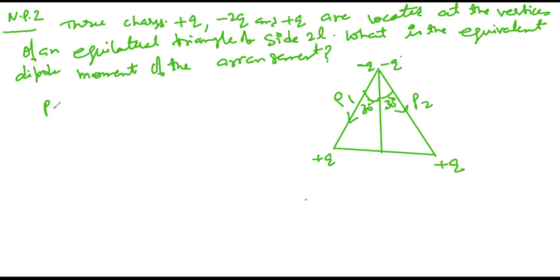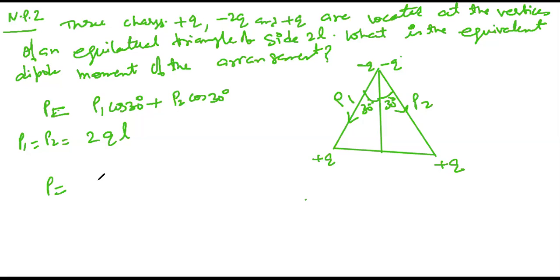P is equal to P1 cos 30 degree plus P2 cos 30 degree. And P1 will be equal to P2. What is the formula for P? 2QL. Substitute here values. P is equal to 2QL cos 30 degree plus 2QL cos 30 degree.